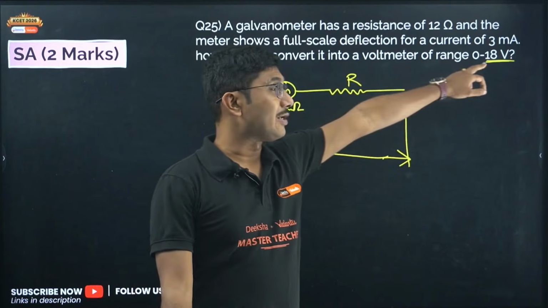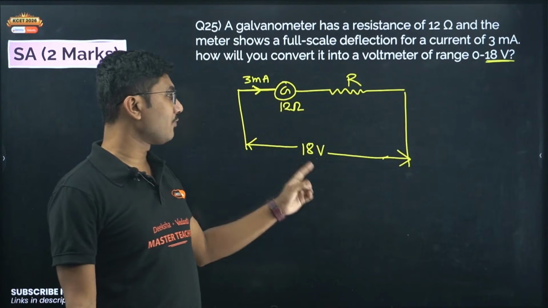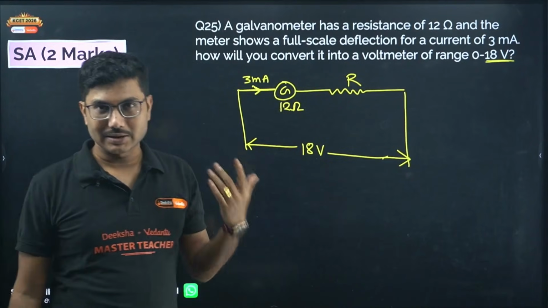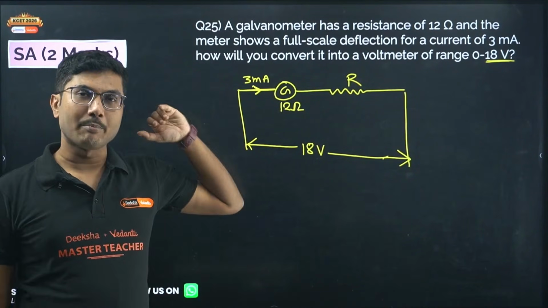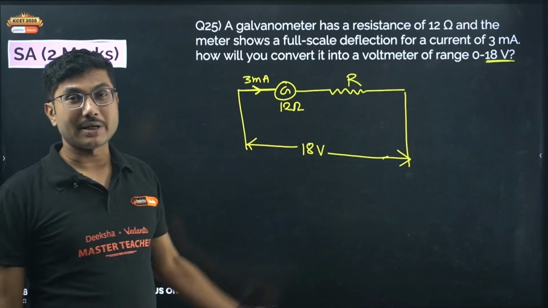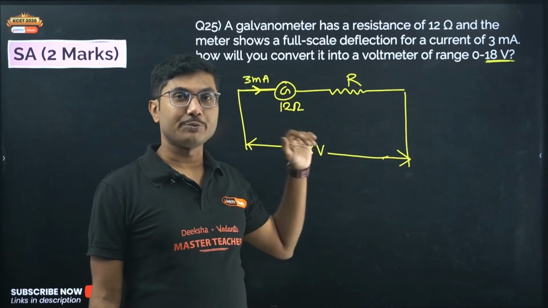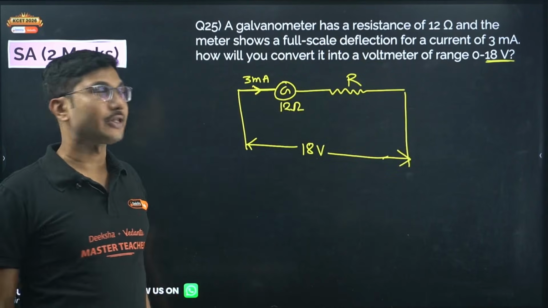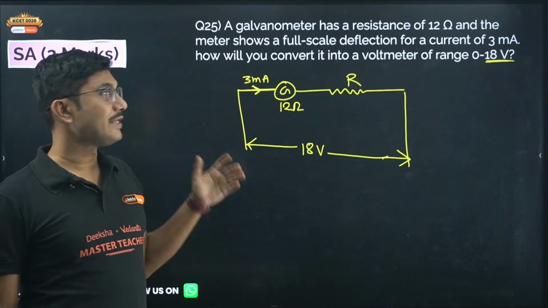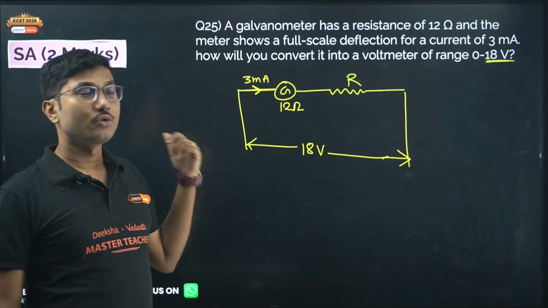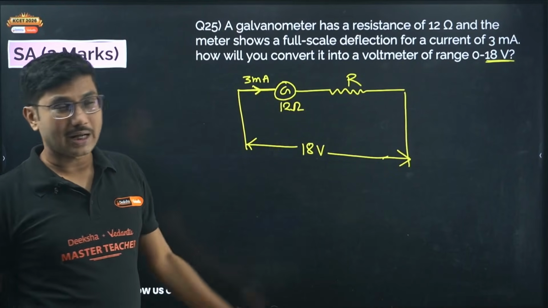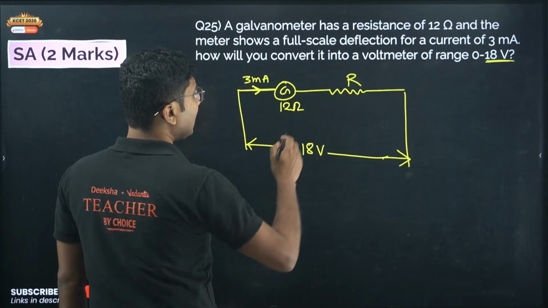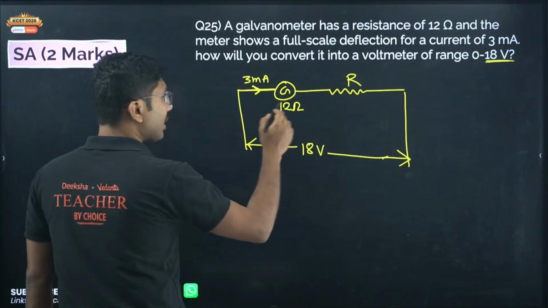Okay, the maximum value of the voltage, when you apply, the current should be the maximum as well. Similar thing goes for an ammeter as well. When maximum current is being passed, the current through the galvanometer should be the maximum range that is given. Okay, here 3 milliampere is given, so that means 3 milliampere should be the value of the current that is being passed through the galvanometer, right? Now what we will be doing, we will apply Ohm's law. So what is the total resistance?